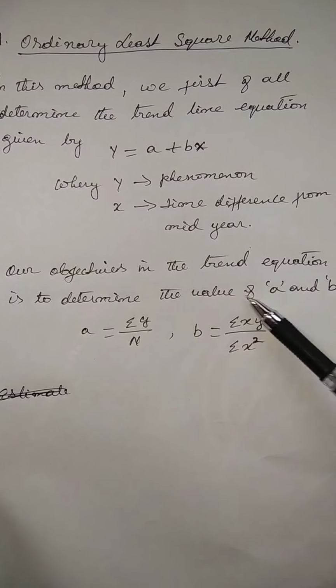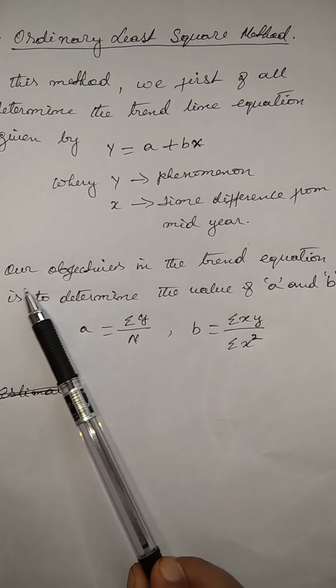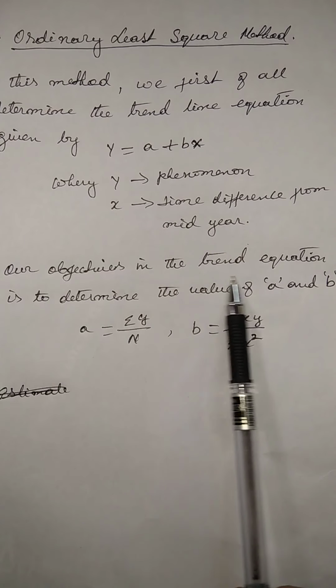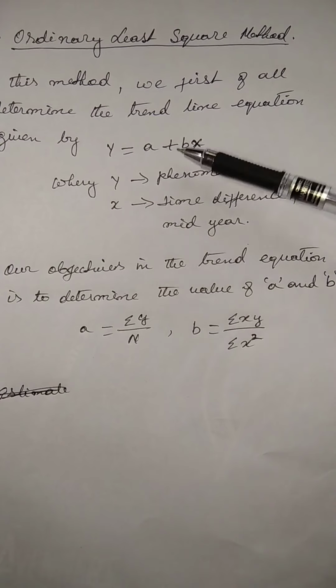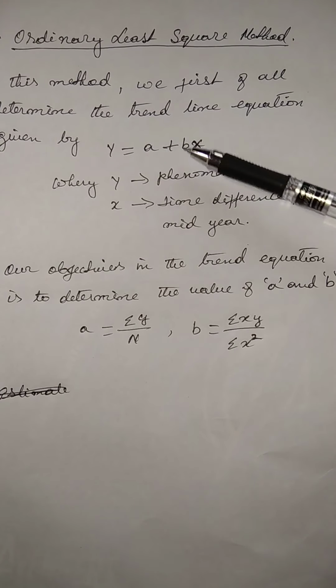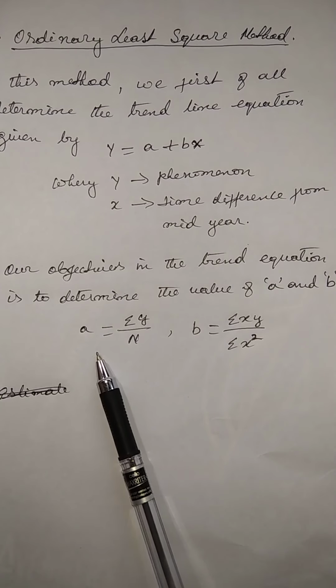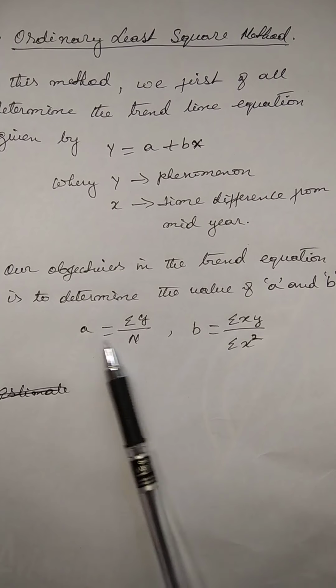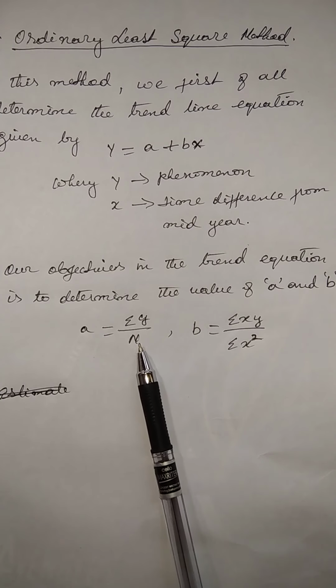In the OLS method, our objective in the trend equation is to determine the value of a and the value of b. To calculate a: a equals the total sum of y divided by n.